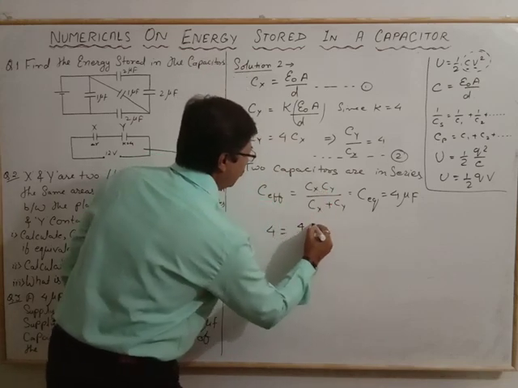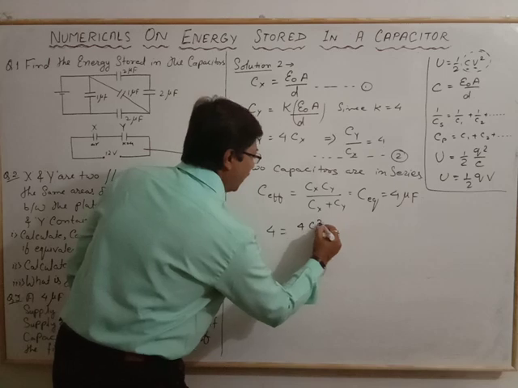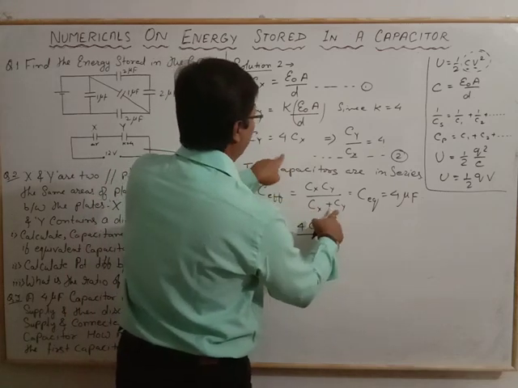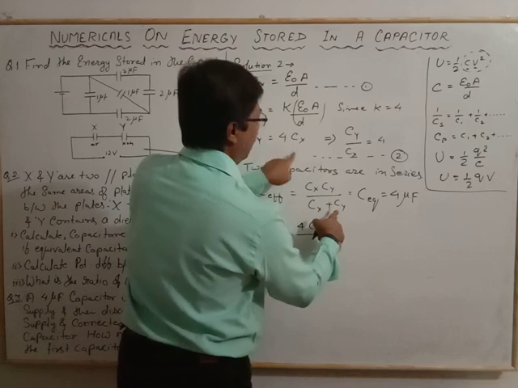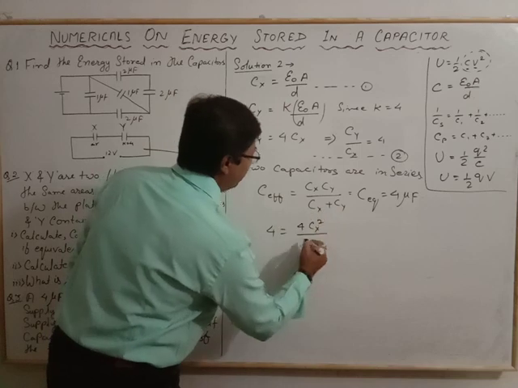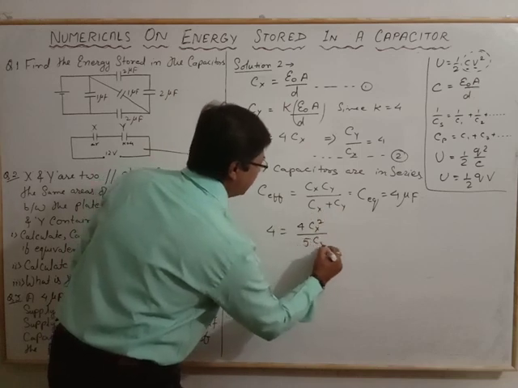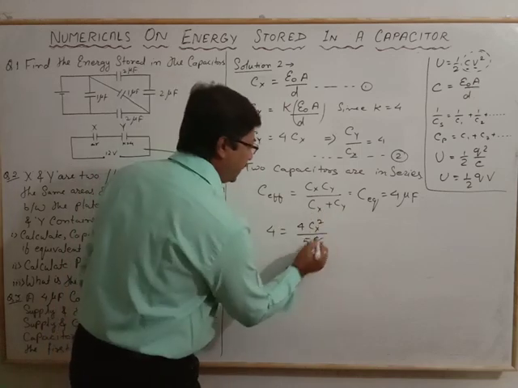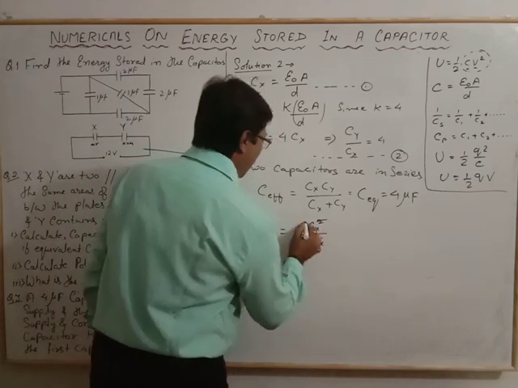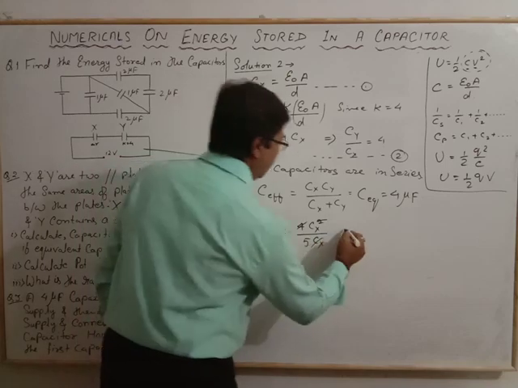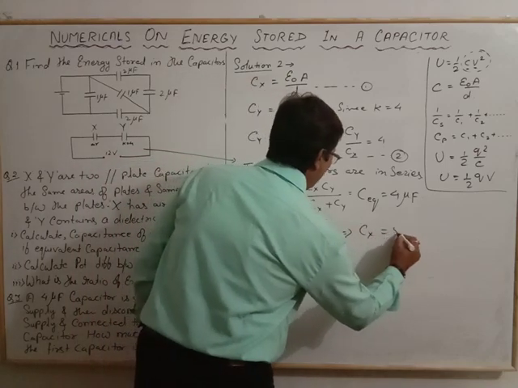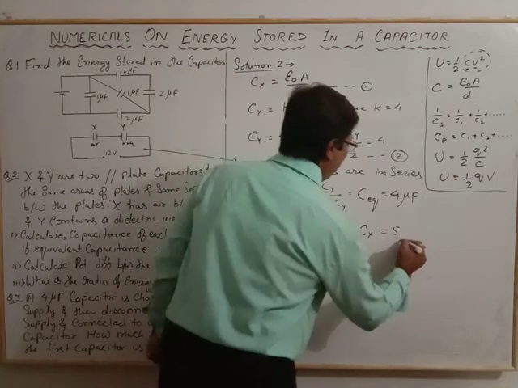So that is 4Cx square by Cx plus, again writing 4Cx in place of Cy, 5 times Cx. So one Cx cancels out, and 4 and 4 also cancel out. So this implies Cx is equal to 5 microfarad.